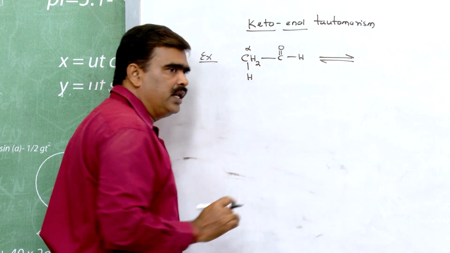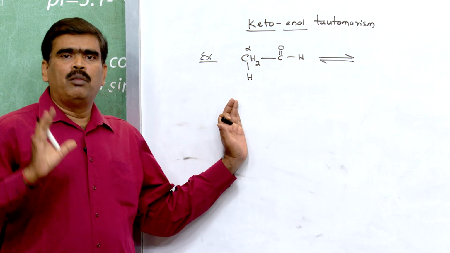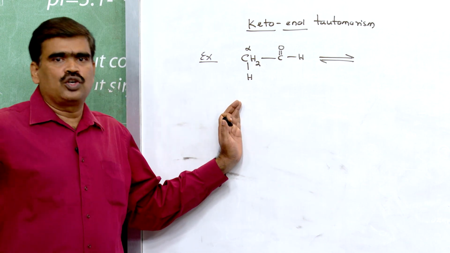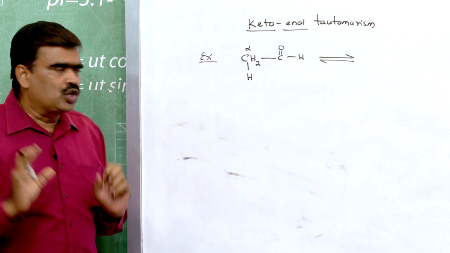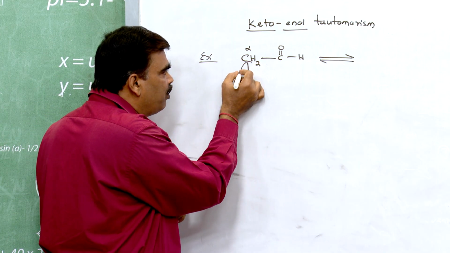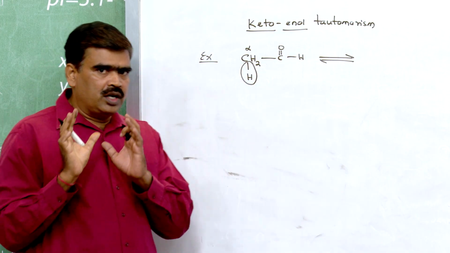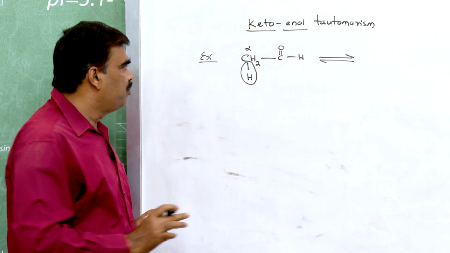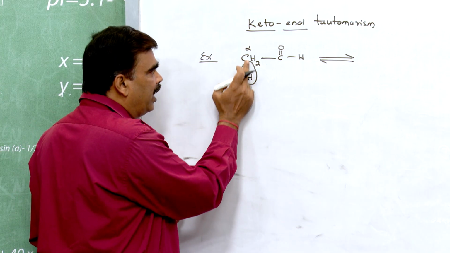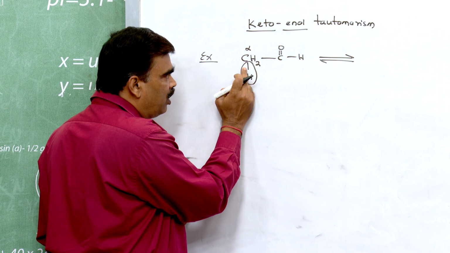If you take acetaldehyde, all molecules will not exist in this form. Some molecule will remain in another structural form. What is that structural form? Now you take this alpha hydrogen away from here. You take it out. I am just telling you the technique how to write the enol form. Take this hydrogen, alpha hydrogen here, and break this bond. ये bond यहाँ पे टूट गया.